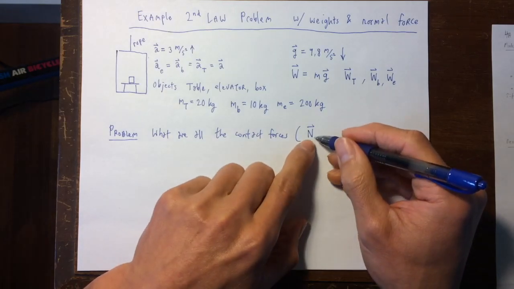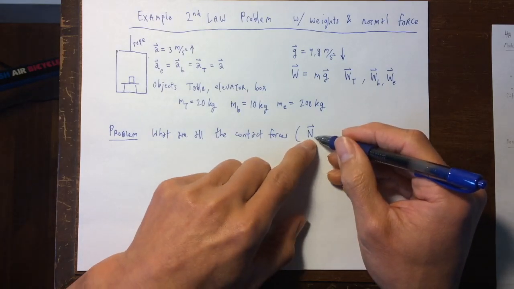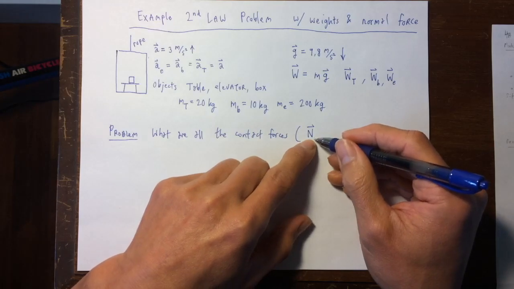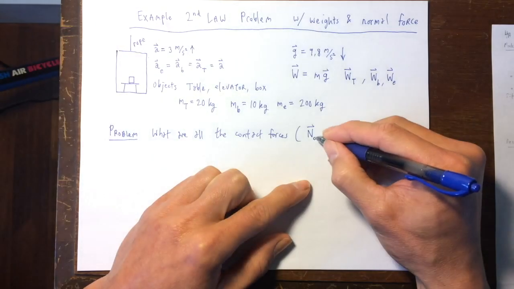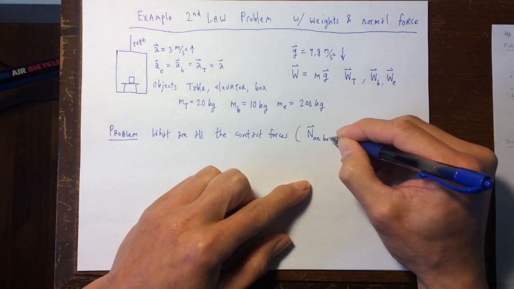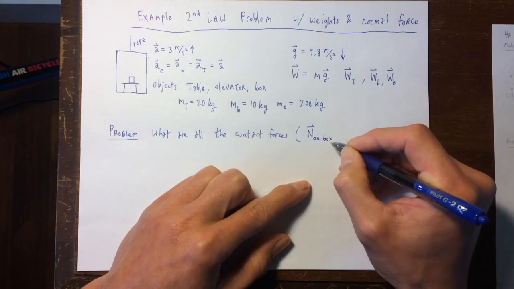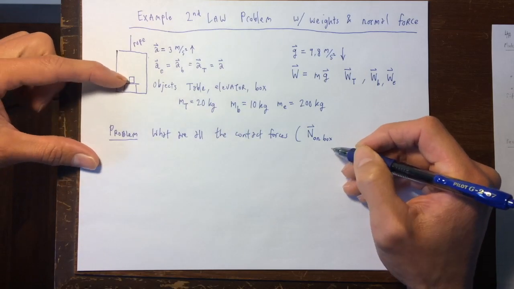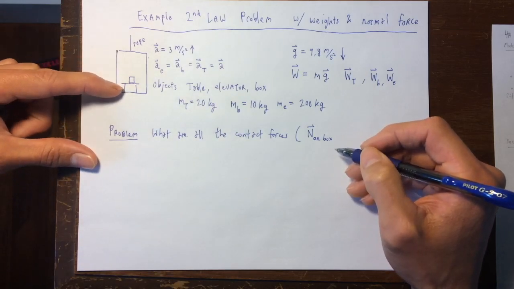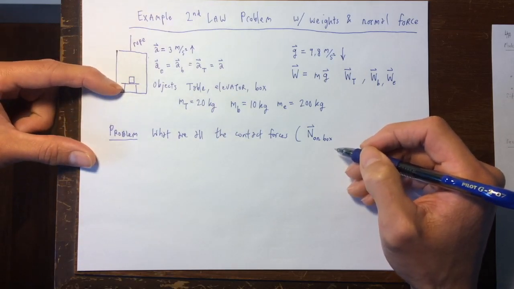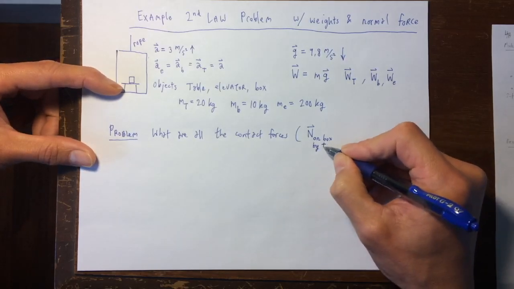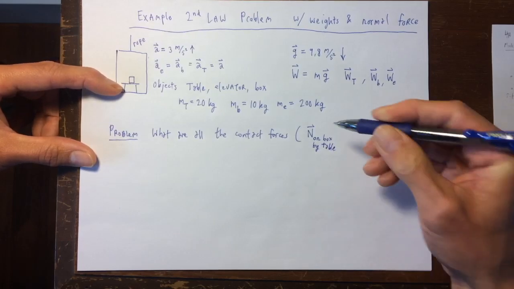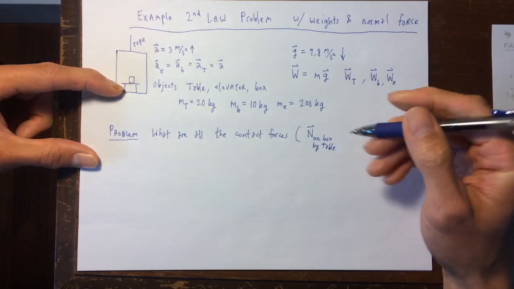For example, a contact force that I could ask for, and in fact it's the first one that we try to discover, is the normal force that acts on the box. If you look at the box, it's only in contact with one other object in the problem, the table. That's the thing we're going to find first.